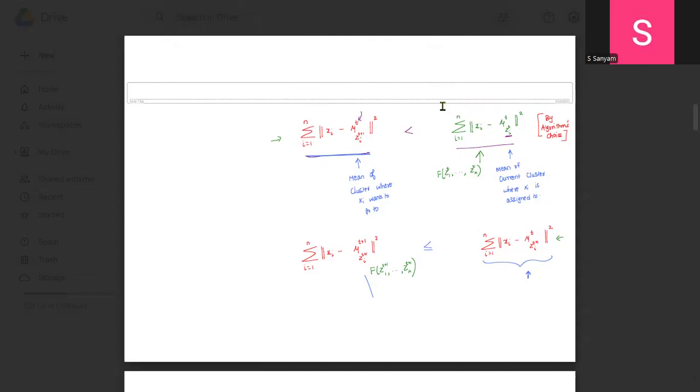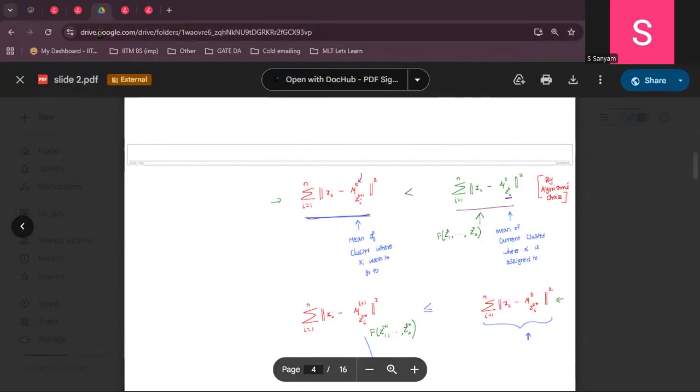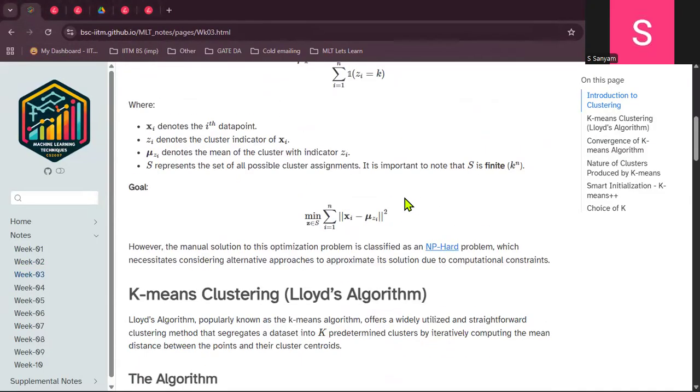The purpose is to minimize this objective function, so that in each cluster the distance between the mean and each point is minimized over all the data points, wherever the data points have been assigned.